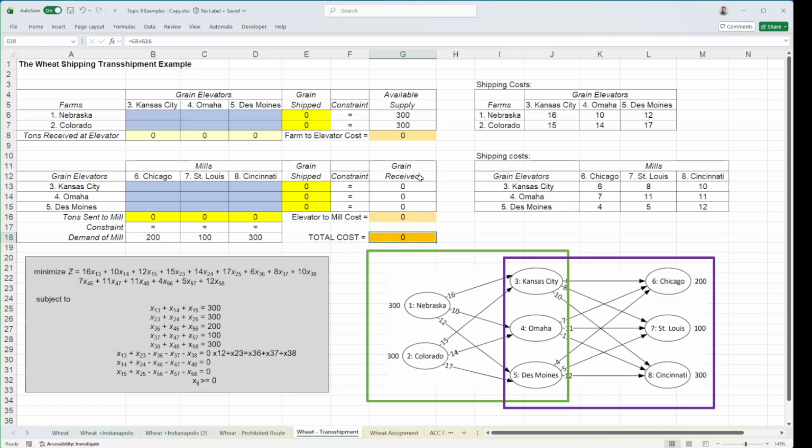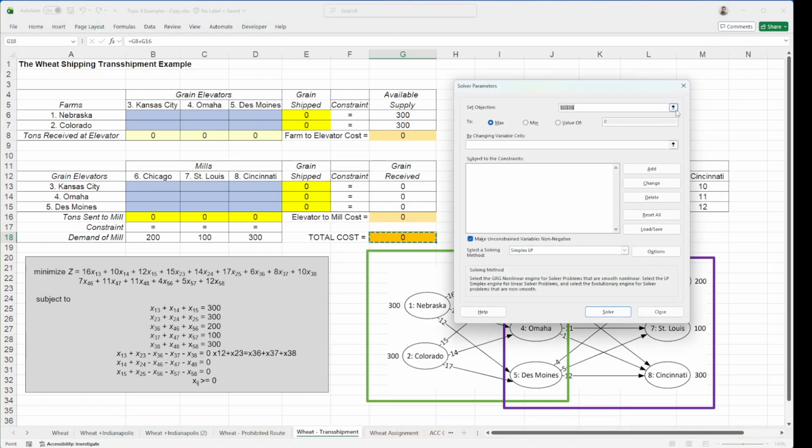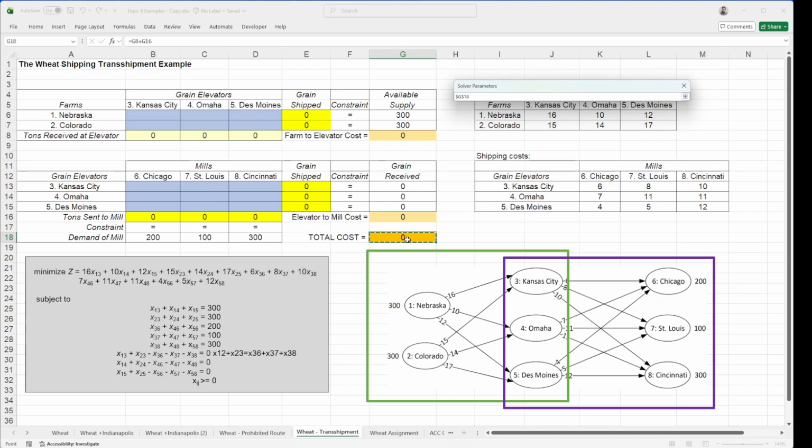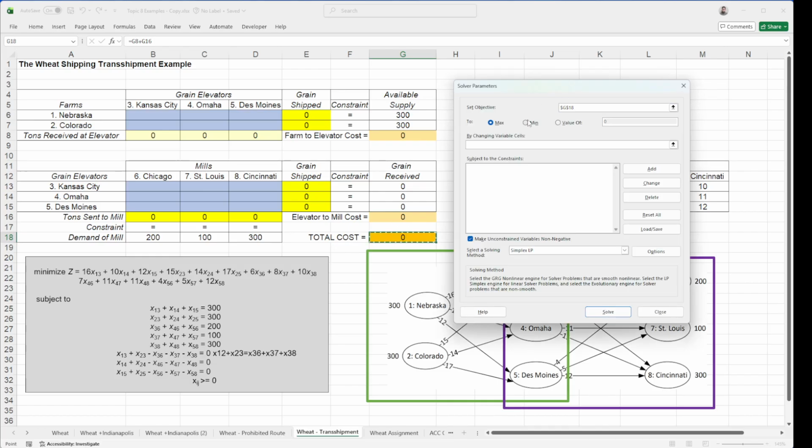This is the cost for the sub-network in the green box, and this is the cost for the sub-network in the purple box. The sum of these 2 gives us the total cost. Objective is G8. We want to minimize the total cost.